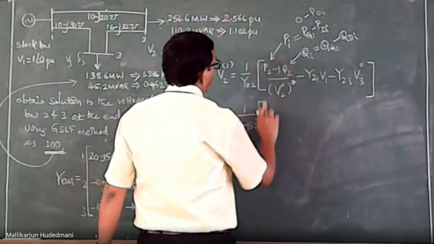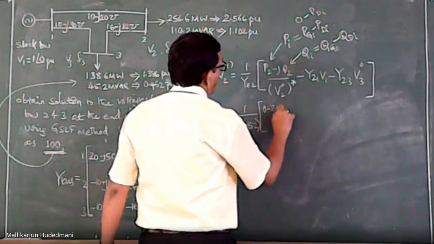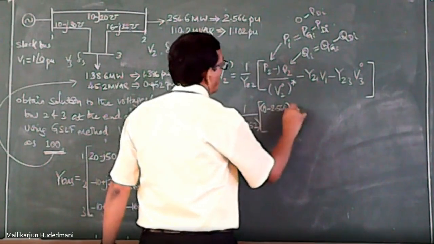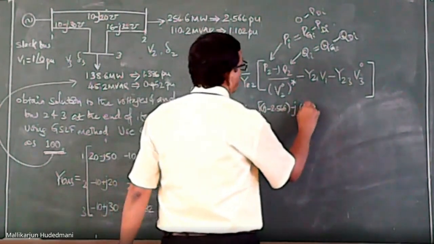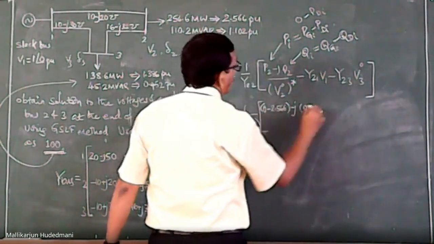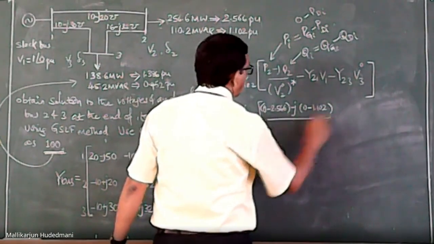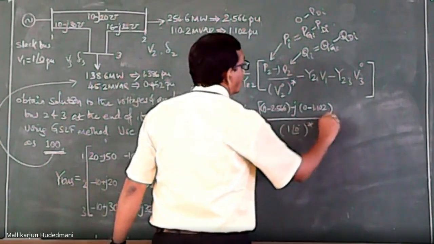It is P2, which is 0 minus 2.566, minus j. Let me write it first time, later you will be able to understand. 0 minus 1.102. This divided by 1 angle 0 conjugate minus.